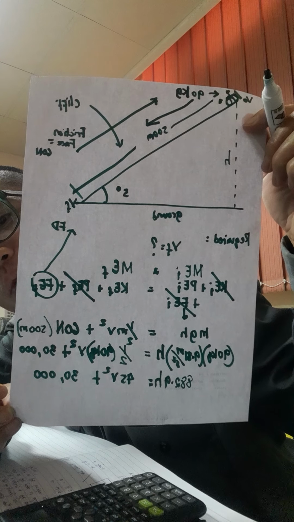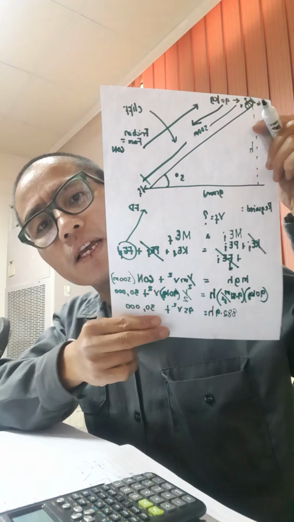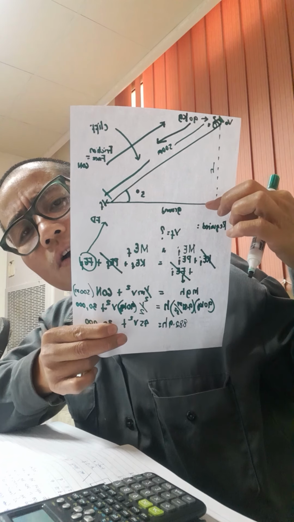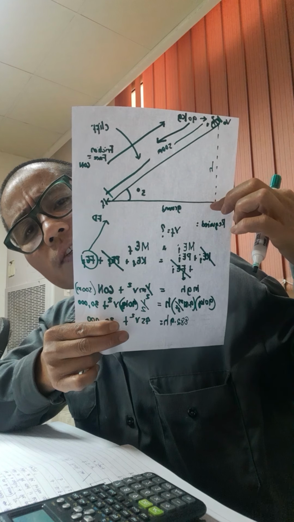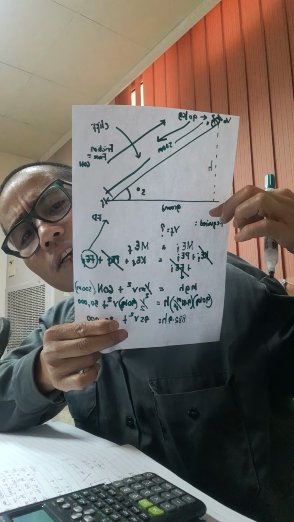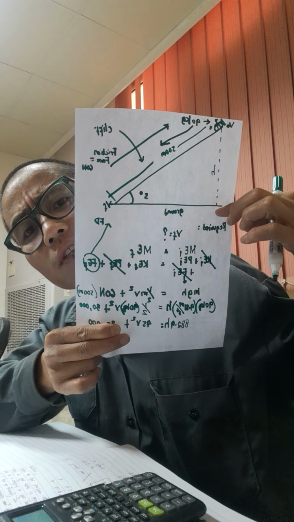So how can we compute our height here? We need to use the Pythagorean theorem because the cliff has an angle of 5 degrees, and there is an h. Since this is the horizontal axis and this is the height, we use sine theta.